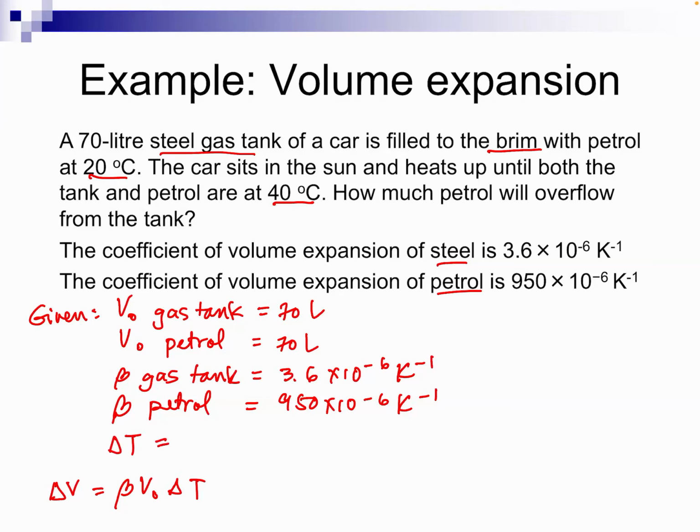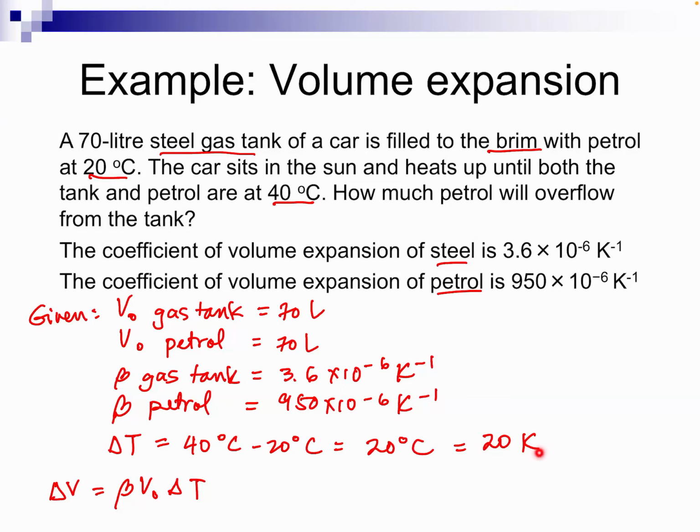Both the petrol and the tank went from 20 degrees Celsius to 40 degrees Celsius, so that will be a temperature change of 20 degrees Celsius. 20 degrees Celsius would, of course, be equal to 20 Kelvin, as we've seen in the earlier example.